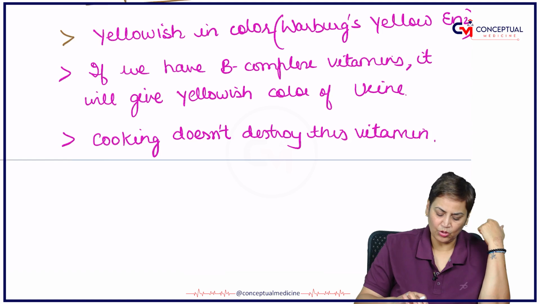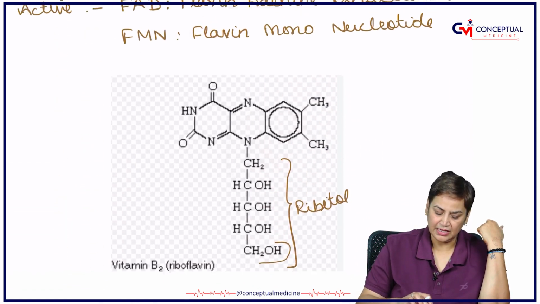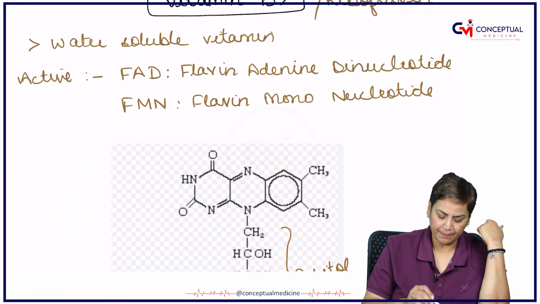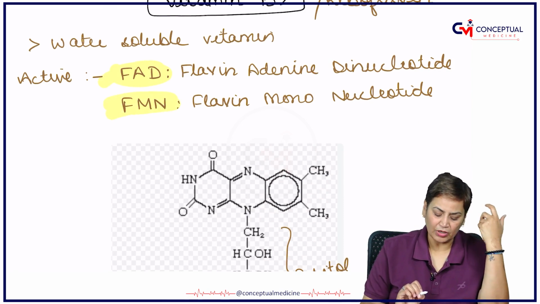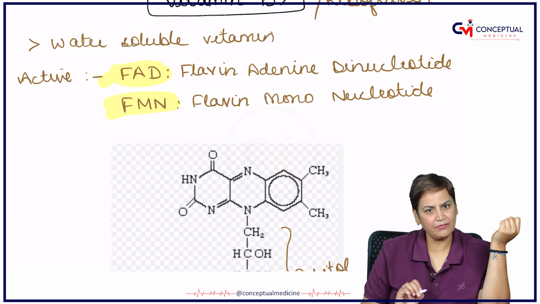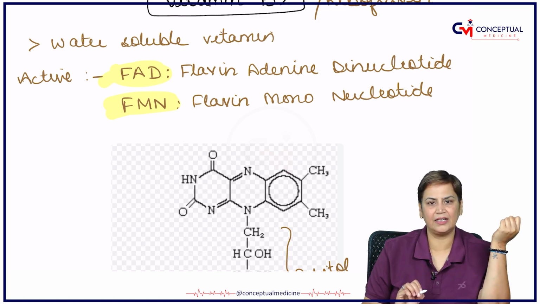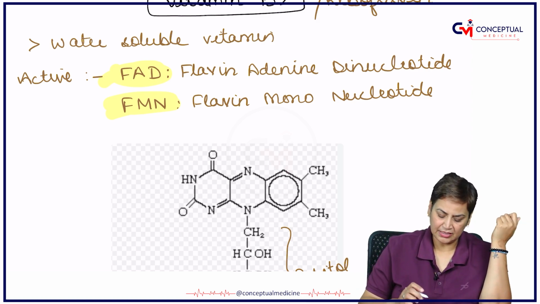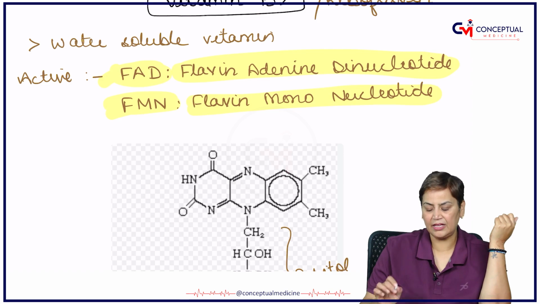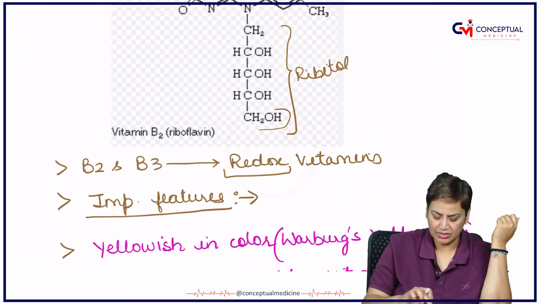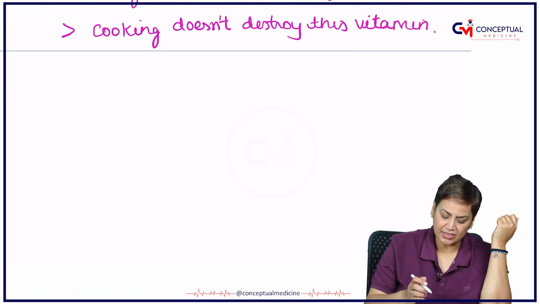Just now I told you it has two active forms. One is FAD, the other is FMN. What are the reactions catalyzed by FMN and what are the reactions catalyzed by FAD? Because this is flavin mononucleotide and this is flavin adenine dinucleotide. And they are used in redox reactions.